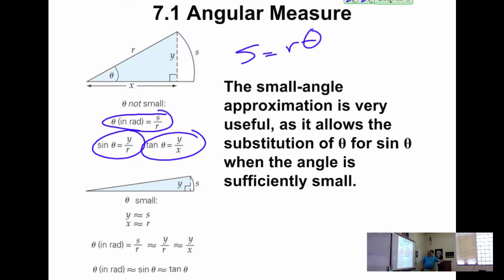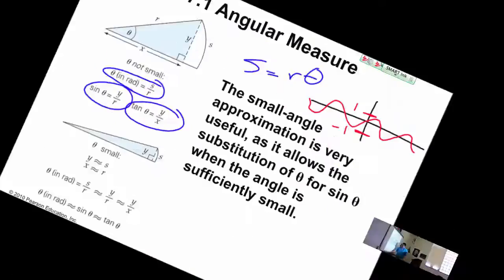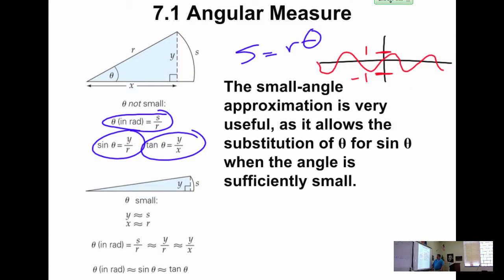So it's just an algebraic manipulation. But a small angle approximation is very useful, and it allows for the substitution of theta for sine of theta when the angle is significantly smaller. When theta is really, really small, we could approximate and say that theta is approximately the same as y over x.